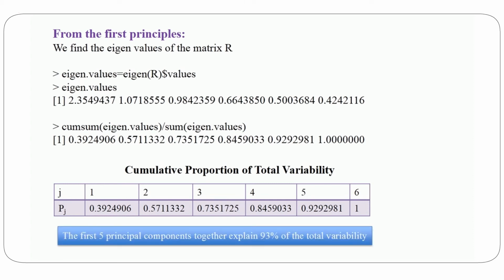Thus, we may conclude that there is not much significant reduction in dimension if we consider the first 5 principal components instead of the original set of 6 variables. So, this is an example where principal component analysis is not worthwhile.